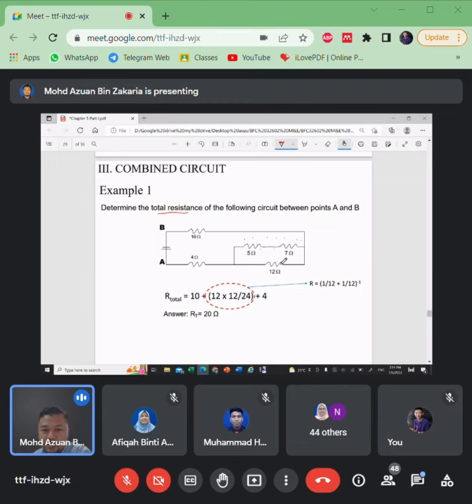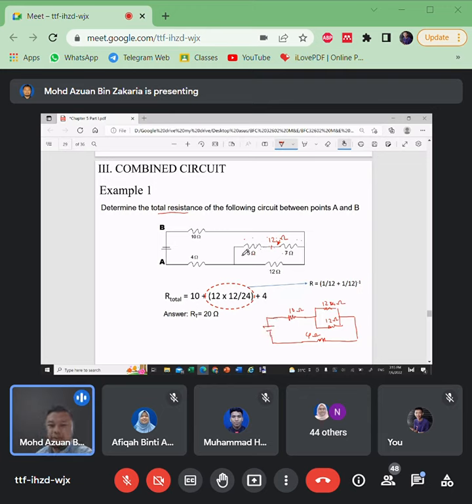What we can do now is sum up this first. 7 plus 5 equal to 12 ohm. So after we simplify, it becomes 12 ohm. And then in the other branch, 12 ohms, and then 4 ohms.